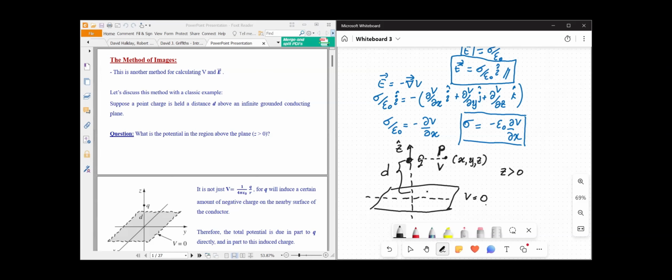And what is the influence from this grounded conducting plane? What is the significance of this grounded conducting plane? What do you think?